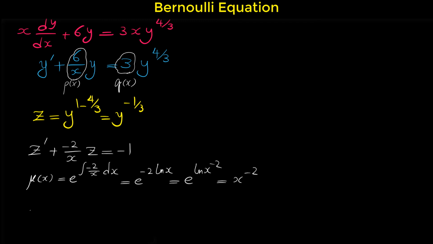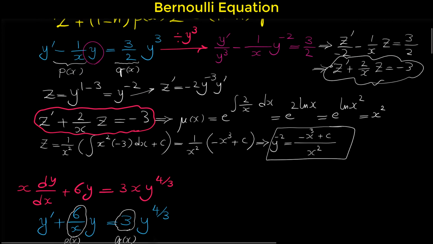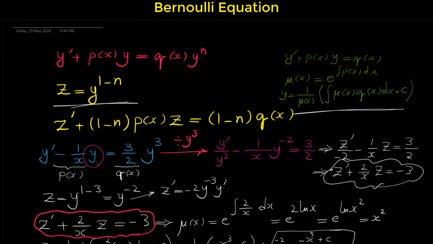And so z equals, if you don't remember how to solve a first order linear differential equation, take a look at this formula: 1 over integrating factor times the integral of integrating factor times q of x dx plus c.